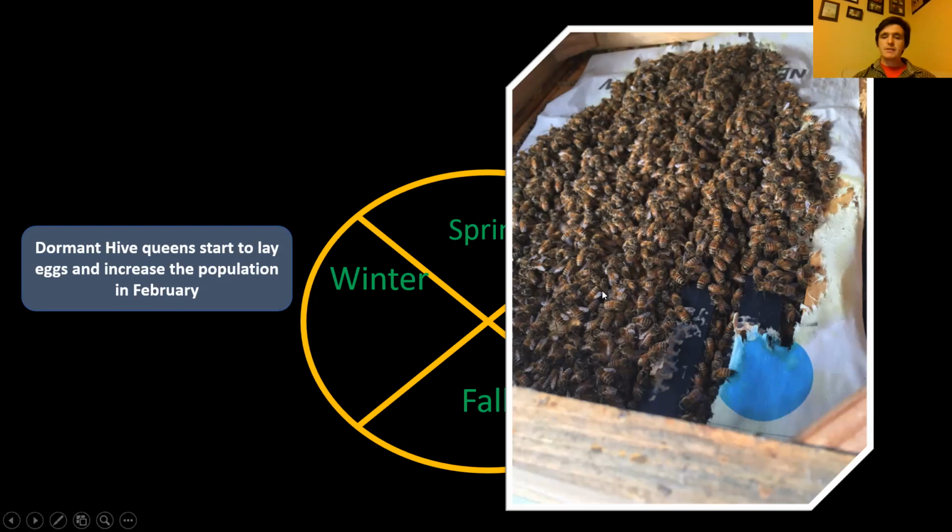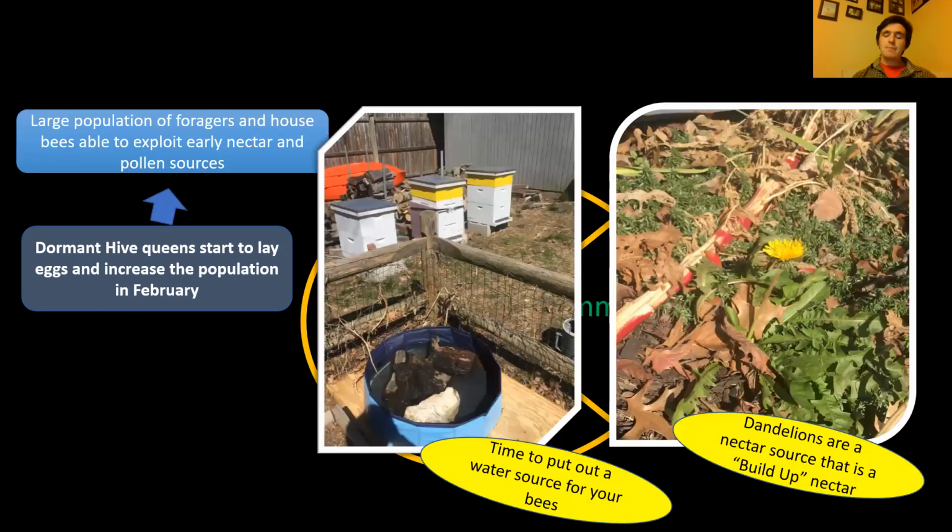All these bees are going to grow in number from now to mid-March when the dandelions bloom. It's that point in itself that makes honeybees produce honey, because they build up now in February.